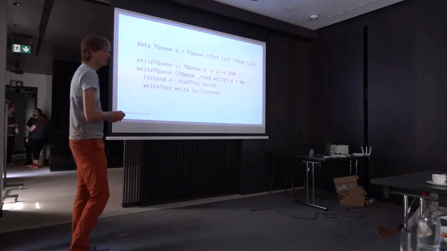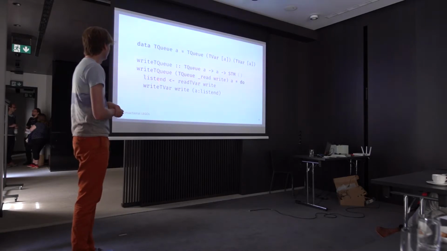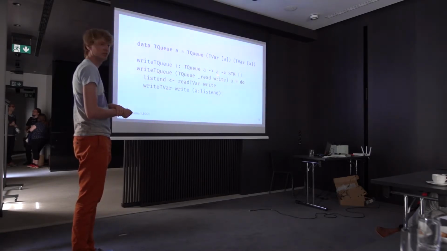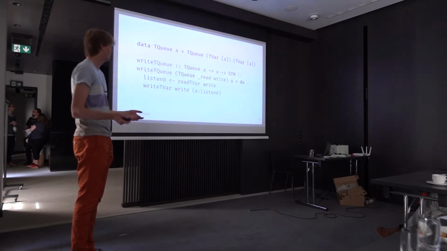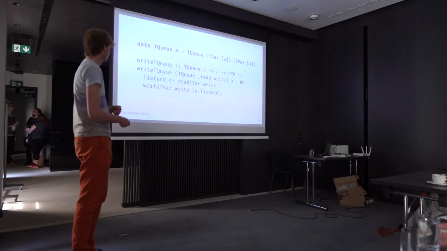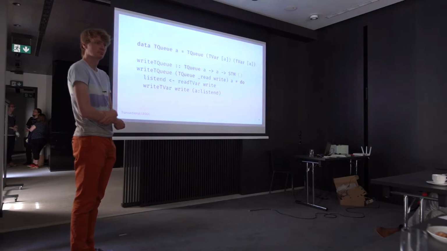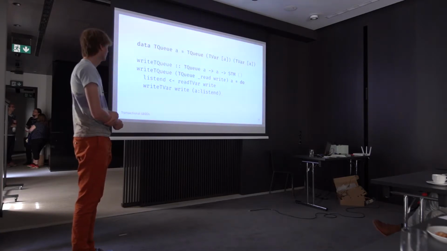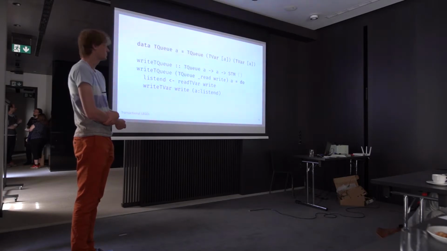And then we read the TVar, which we can do because we're again in an STM transaction, and then prepend our element to be written, which is an O(1) operation, and then we write that into the TVar again. Any questions about this? All right.